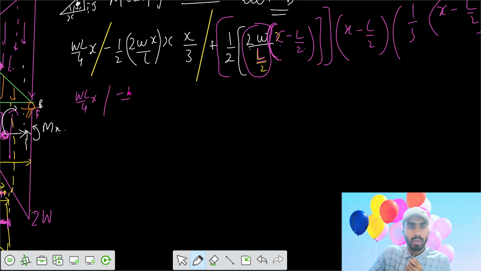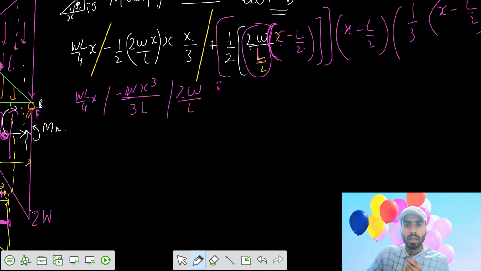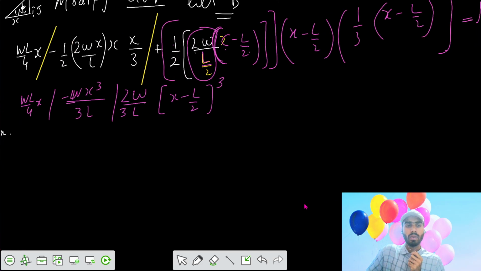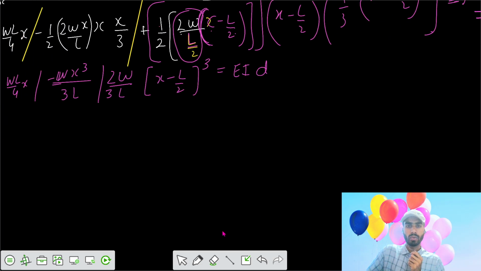This is W x cubed by 3L, and this one is your W into your 2W by L. Then after that you have X minus L by 2 for how much times? It's 3 times. So we can write X minus L by 2 cubed, and you have 1 by 3. So we can write 2 by 3 that. This is your moment equation. So we can write EI d2y by dx2.